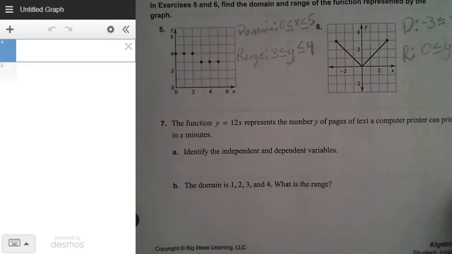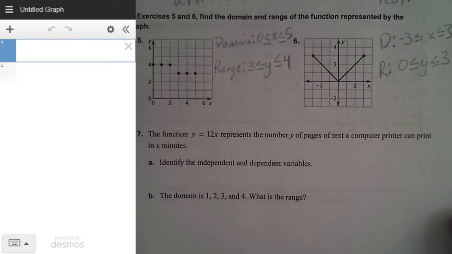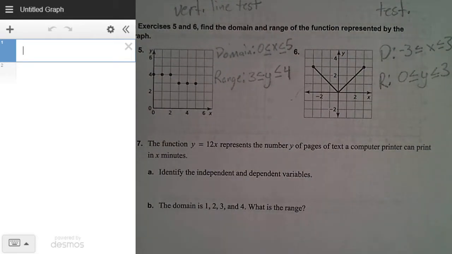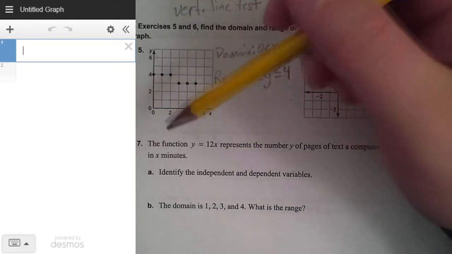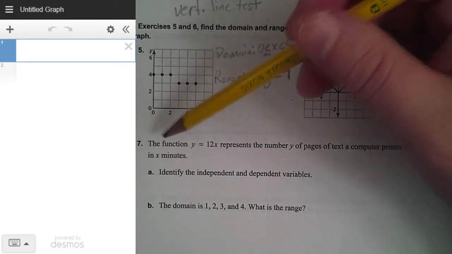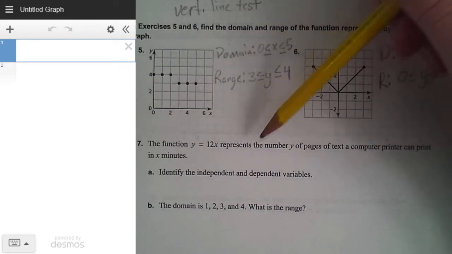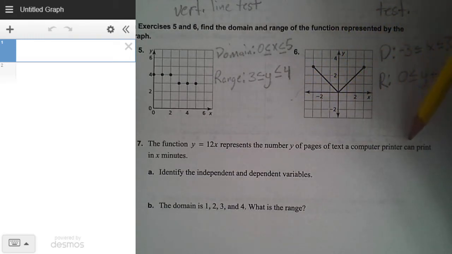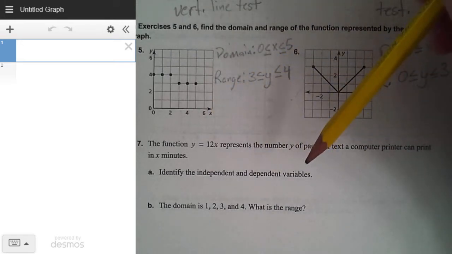We got one last problem here. This is problem number 7, a nice little word problem for us. So if you want to pause the video, try it on your own, come back, that's fine. Otherwise, we're going to go ahead and go through it. So we have the function y is equal to 12x, which represents the number y of pages of text a computer printer can print in x minutes.